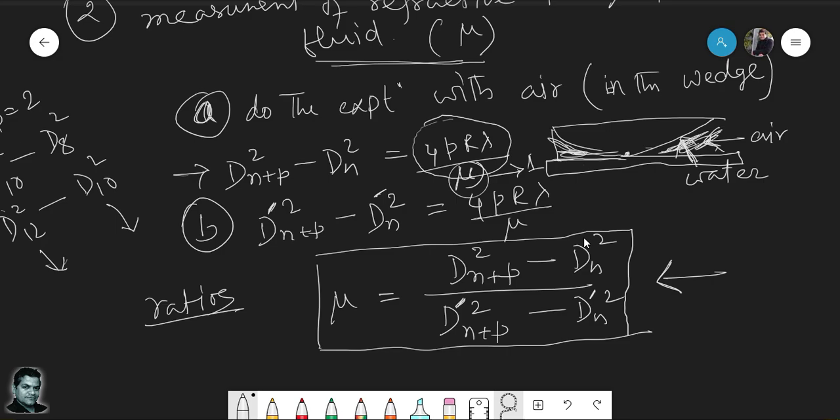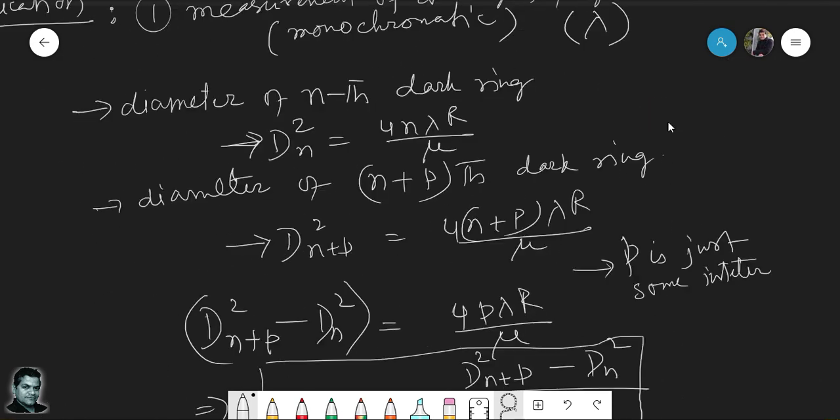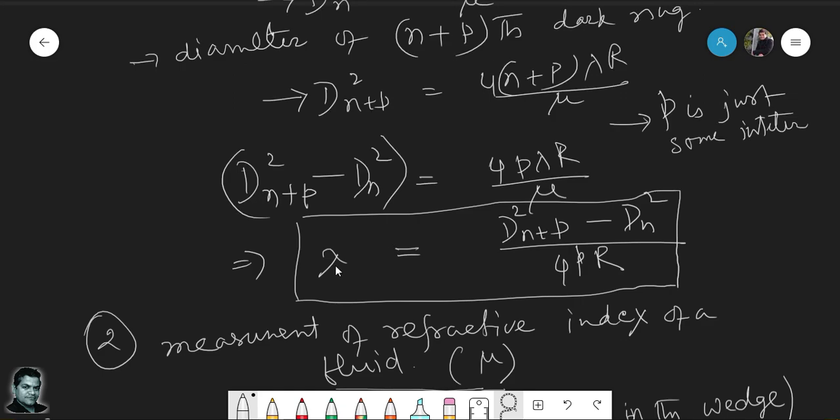Again, in short, for measuring the wavelength of a monochromatic light, you do the Newton's ring experiment and find the different diameters of the rings. Let's say you recorded the diameters of the 10th ring, 11th, 12th, 13th, 14th ring, and so forth. Then you use the differences of the ring diameter squares, equate with this expression, and from there you get the value of λ.